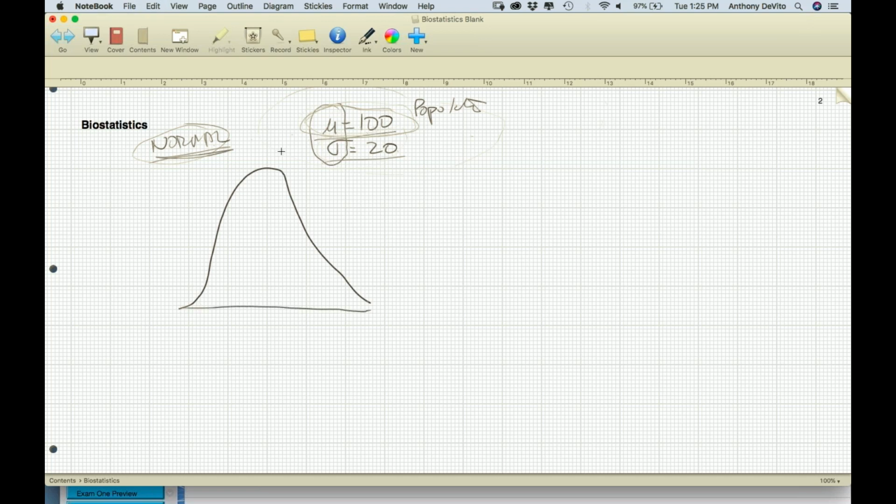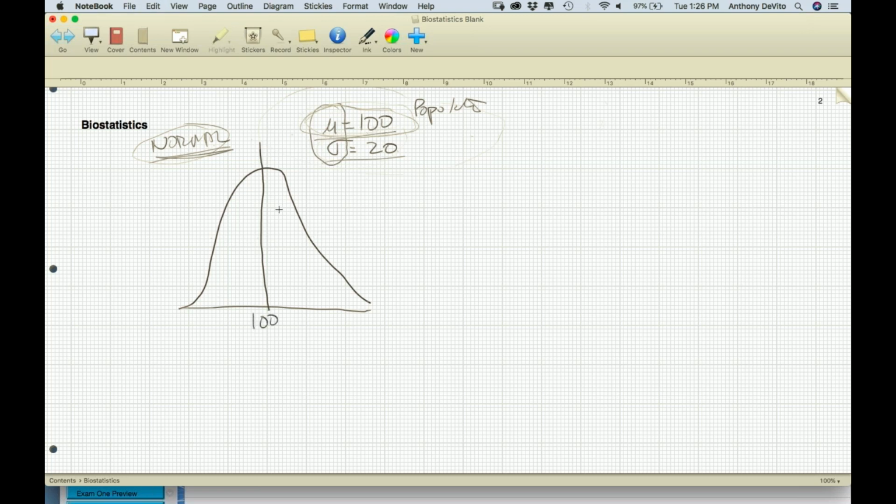I didn't draw it very smoothly, but it's a bell-shaped curve, which is symmetrical. The left side looks identical to the right side, they flip over and are the same shape, and the middle is at 100, at the mean.